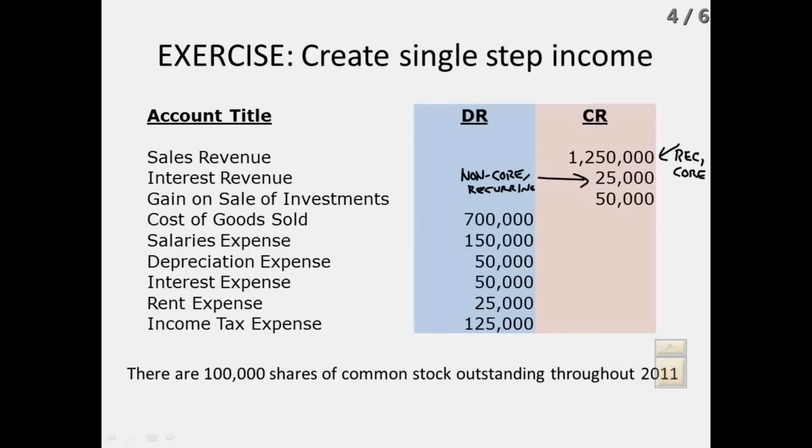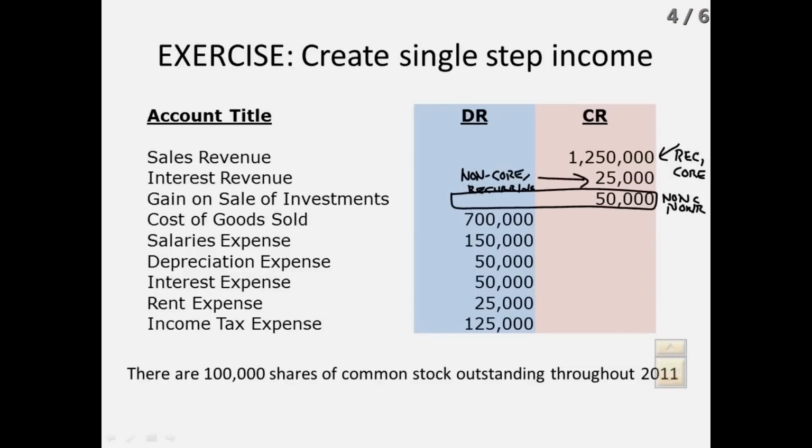The whole idea is it's not part of my normal operating business, so it's non-core and it's non-recurring. So maybe, if anything, I might want to reduce my forecast of next year because I won't really expect that $50,000 to come about. So there's like 50 cents that I would want to think about taking off of my income.